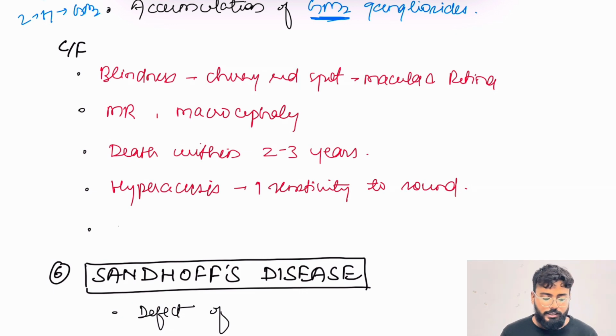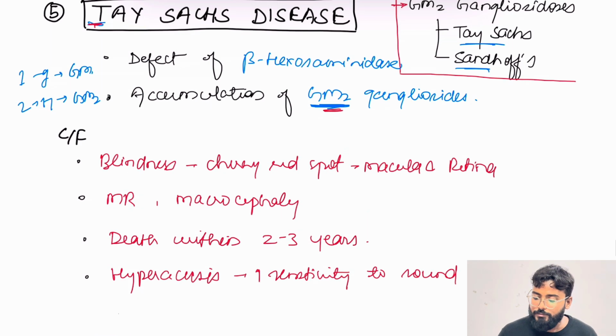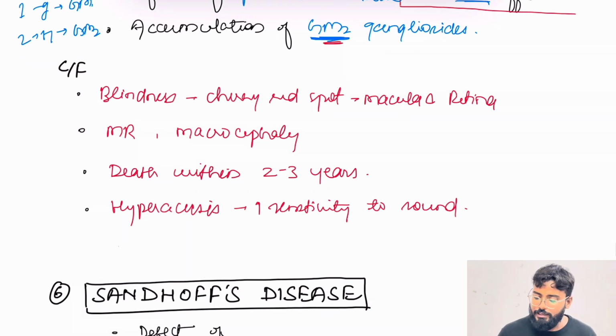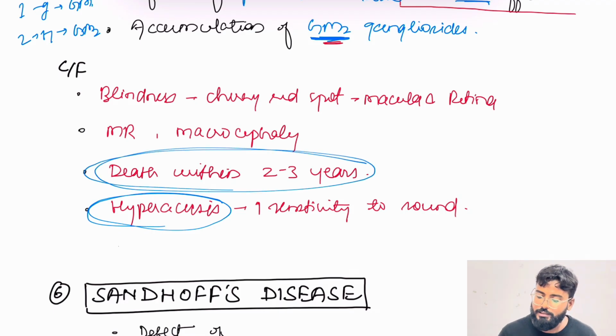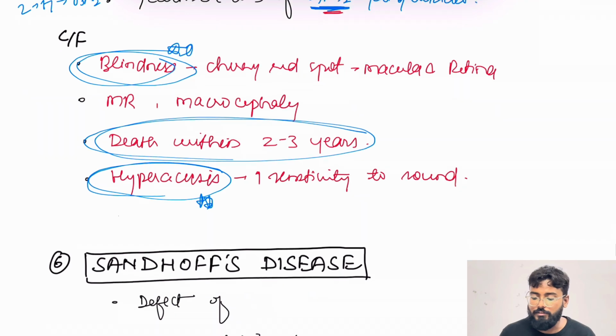So these are the features of your Tay-Sachs disease. From Tay, you can remember GM2, and again the defining feature is hyperacusis, and death within 2 to 3 years. But remember, hyperacusis is a very important feature, and blindness along with cherry red spot is also a defining feature.